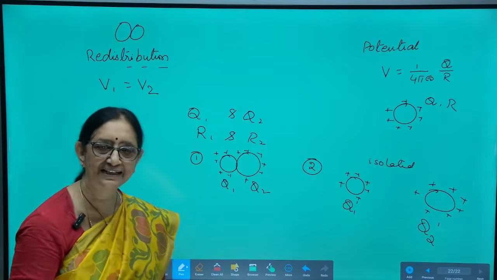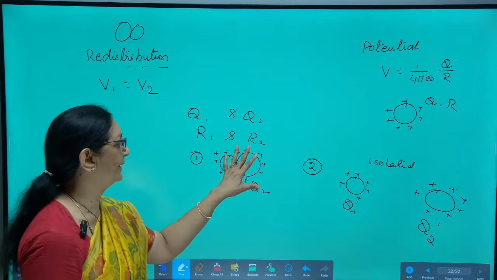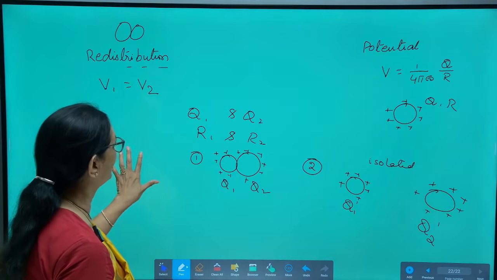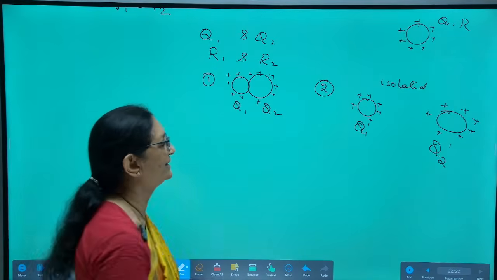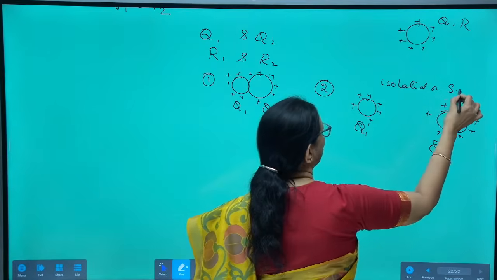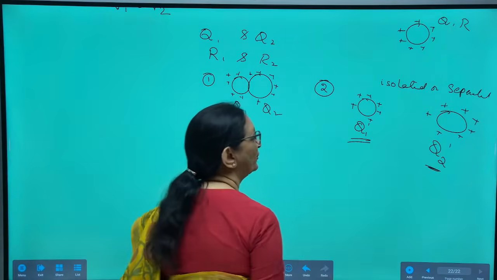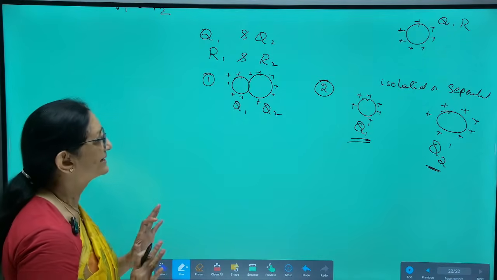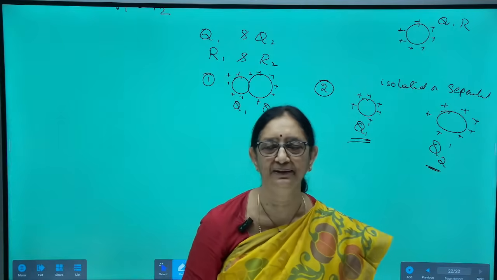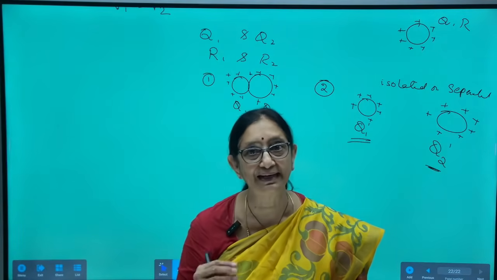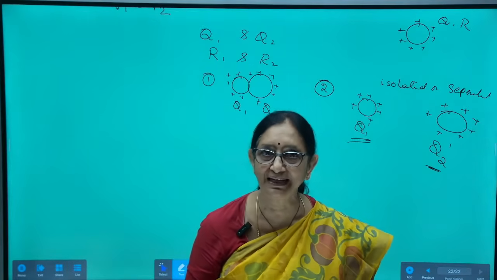Two charged spheres of charges q1, q2, radii r1, r2 are placed in contact and then separated, isolated. You need to find out the final charges q1 dash and q2 dash. See here, when they are placed in contact with each other, the charge redistribution takes place till their potentials are equal.